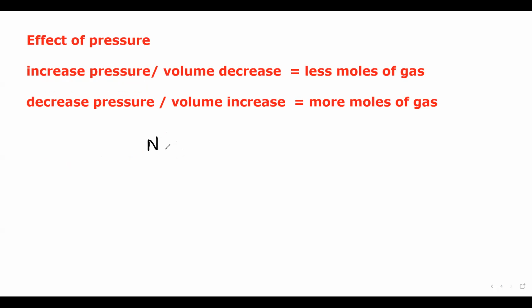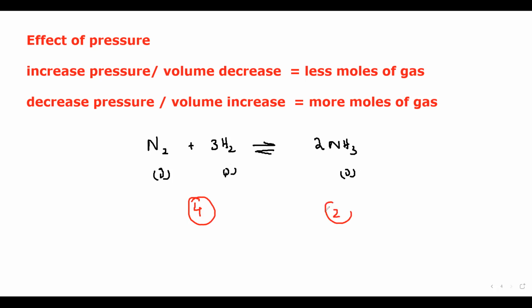For example, we have the manufacture of ammonia by the Haber process. Nitrogen reacts with hydrogen and as a result forms ammonia. Nitrogen and hydrogen are both gases at room temperature, and ammonia is also a gas at room temperature. The total number of moles of reactant is 4 and the total number of moles of product is 2.